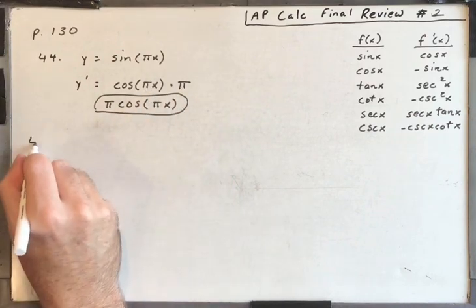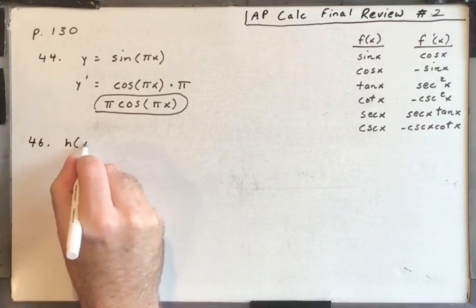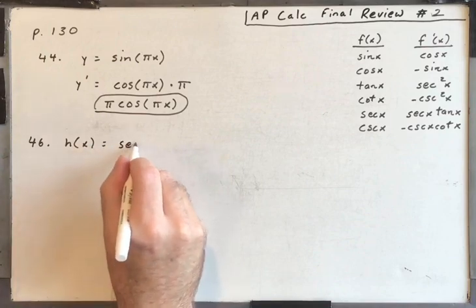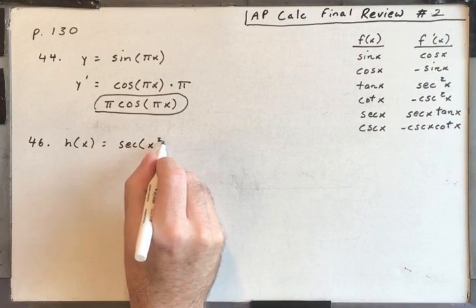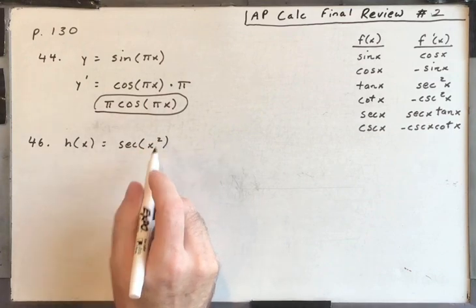All right, 46. We have h of x is equal to secant x squared. Again, because it's not just secant x, it's an x squared. That makes it a chain rule.